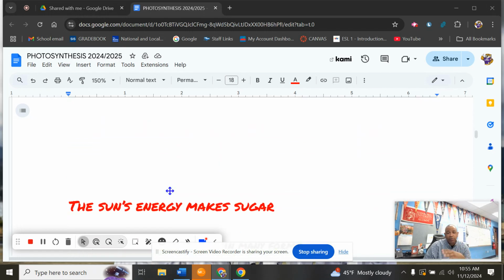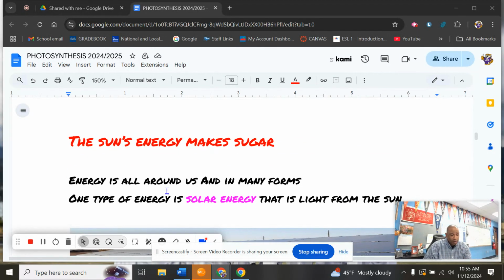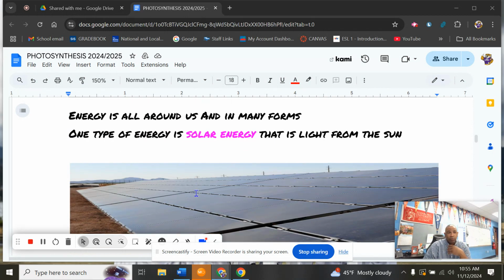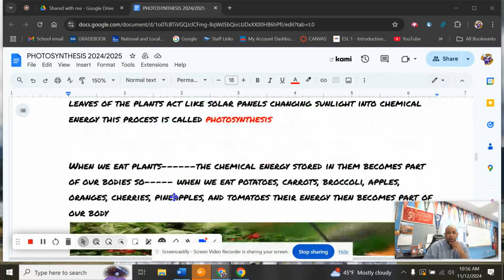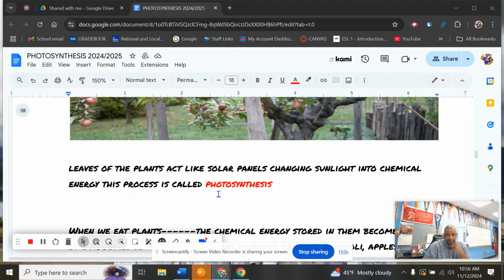Now, if you take all this stuff, if you take water, nutrients, sunlight, there's one other thing that you need, carbon dioxide. What we breathe out, plants take in. When you have all these ingredients, you have something called, and you better know this, photosynthesis. This is when plants take water, nutrients, carbon dioxide, and sunlight into their bodies.